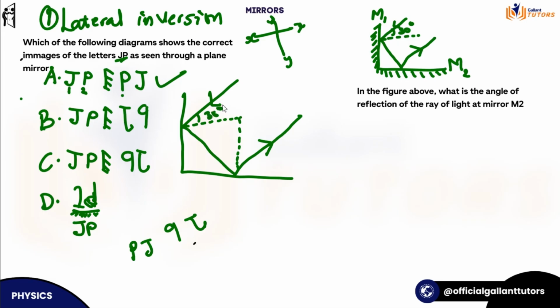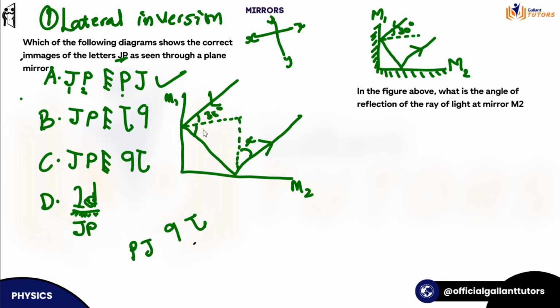Let me read the question first. In the figure above, what is the angle of reflection of the ray of light at mirror 2? Okay, so this is mirror 2 and this is mirror 1. So we are told to find the angle of reflection, which is this angle, x. Exactly. So how do we get it?